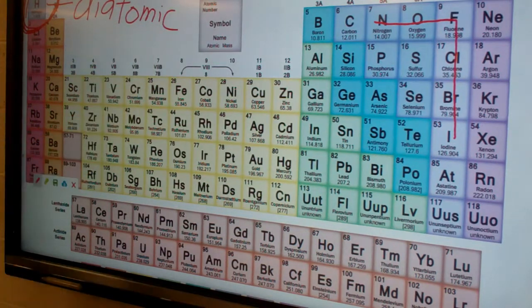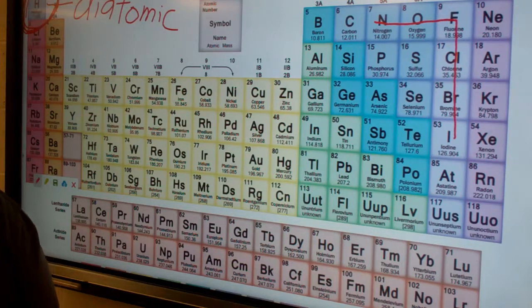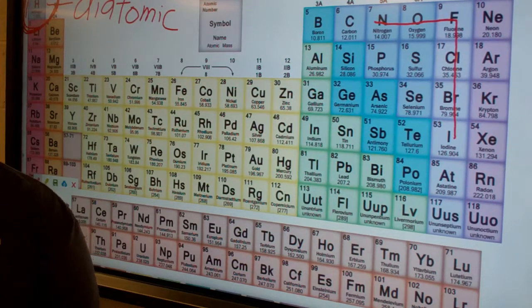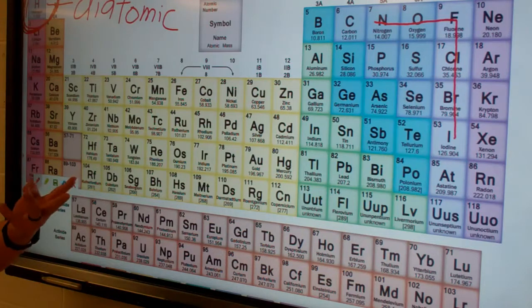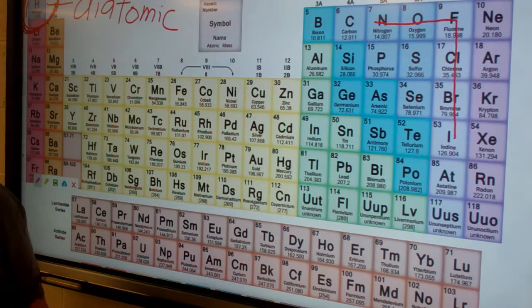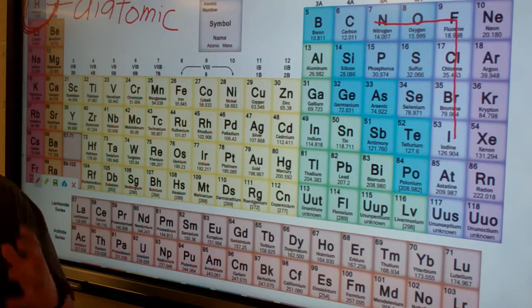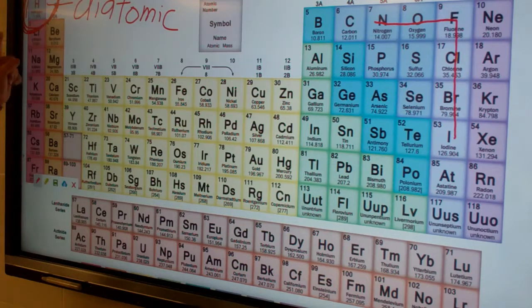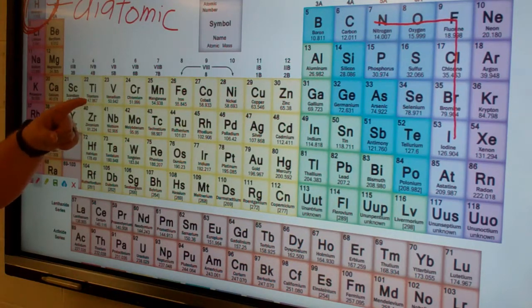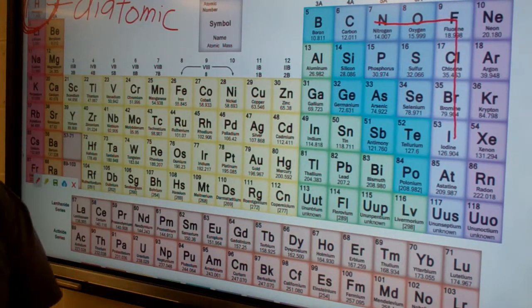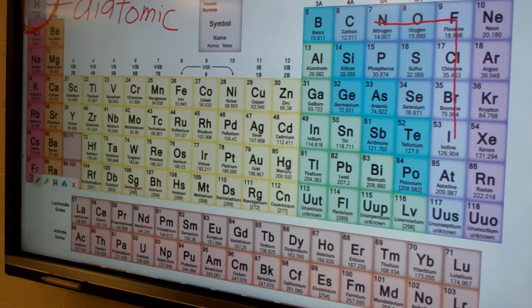What this means is if I'm looking at you and I'm talking and I say oxygen, nitrogen, fluorine, chlorine, bromine, iodine, or hydrogen, when we're talking just about that element, we're talking about them in groups of 2. When we use just their name, it's because they exist in nature bonded to itself.